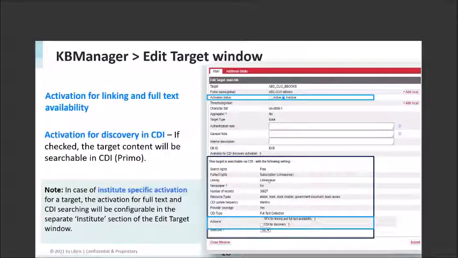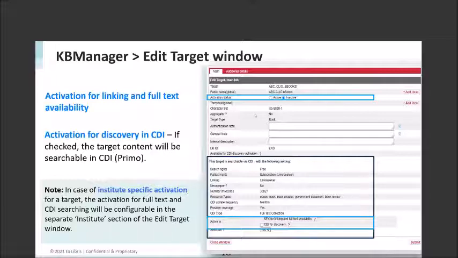And then it has all kinds of information that I explained in the previous slide in the filters, and some additional activation and configuration settings. So if you want to have the details on CDI for a specific target, go to the Edit or the View Target window, and this will have all the information.